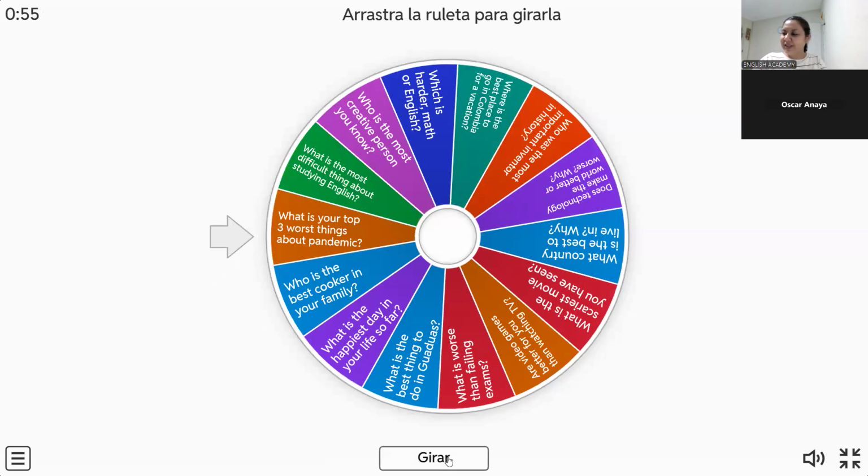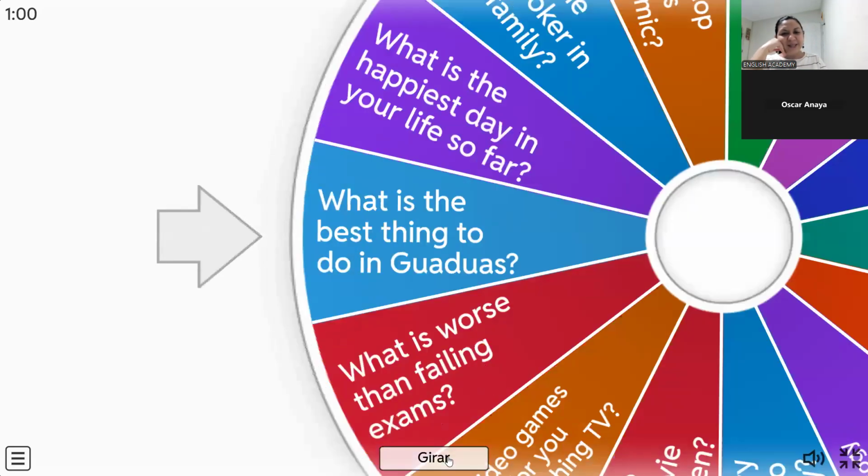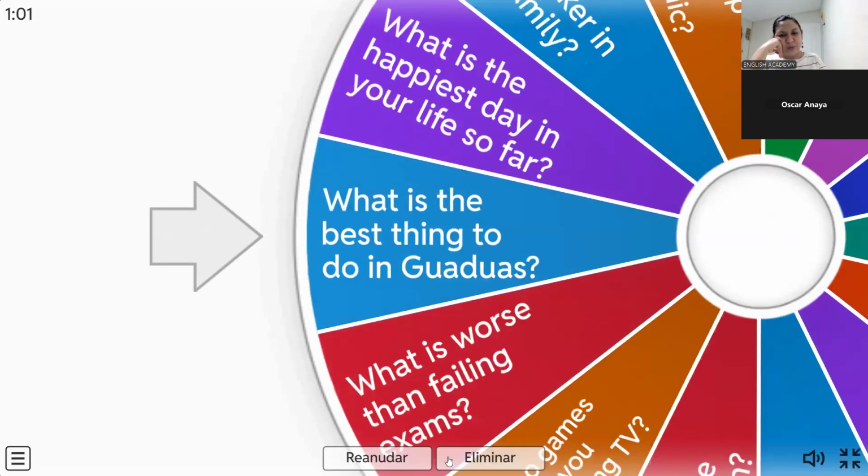The next question is, what is the best thing to do in Guaduas? But I don't know this place, so I will change. What is the best thing to do in El Salvador? Imagine I am a foreigner, a tourist, and I ask you, Oscar, can you tell me what is the best thing to do in El Salvador? I think for the foreigner, the best thing to do in El Salvador is surfing.